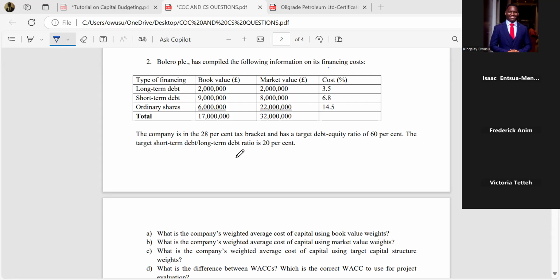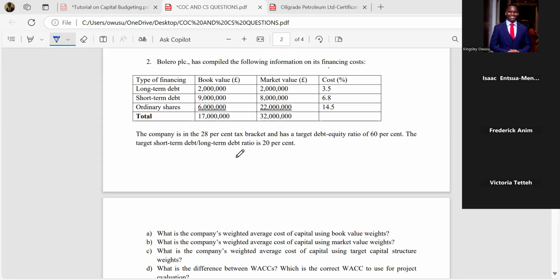So the company is in the 28% tax bracket and has a target debt to equity ratio of 60%. The target short-term debt to long-term debt ratio is 20%. A. What is the company's weighted average cost of capital using book value weights?